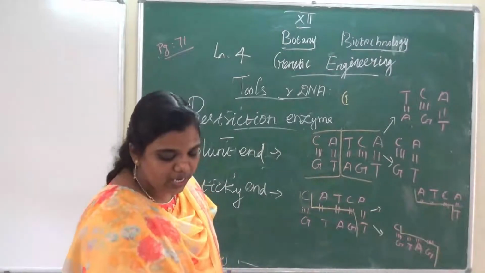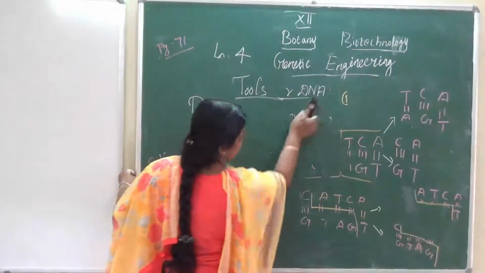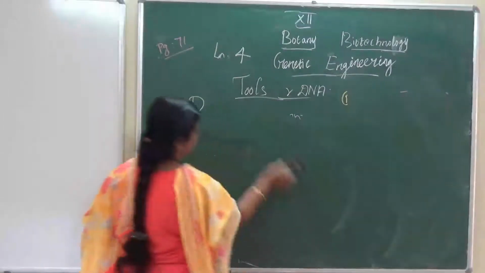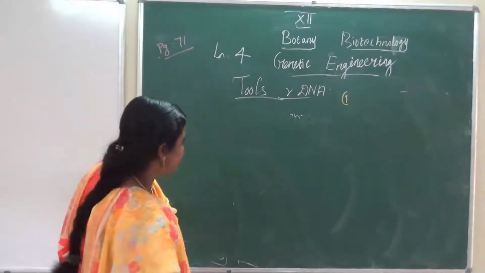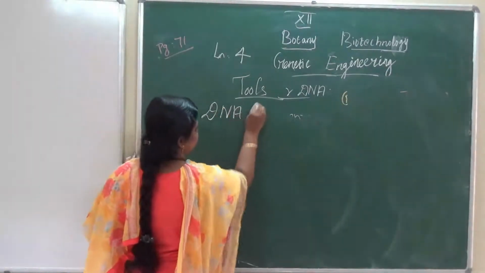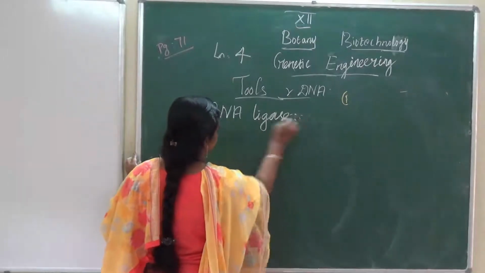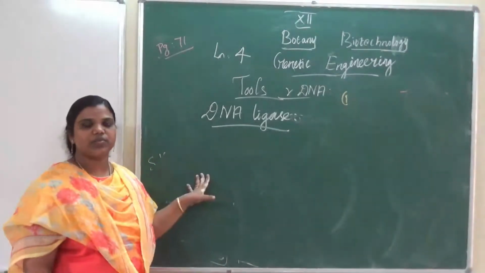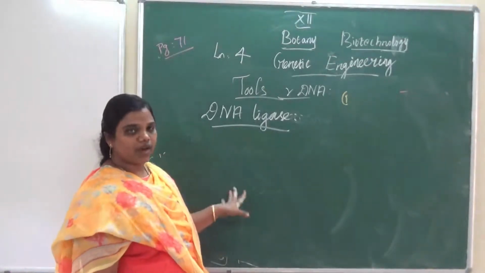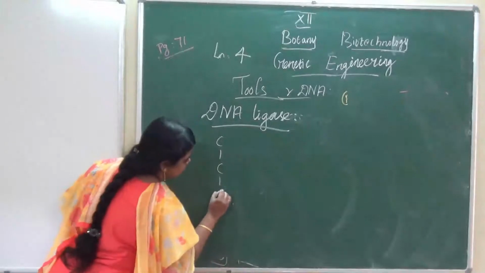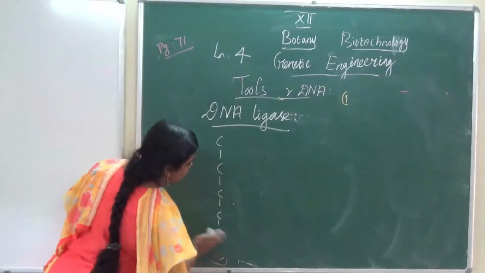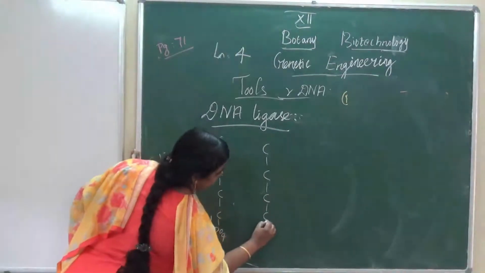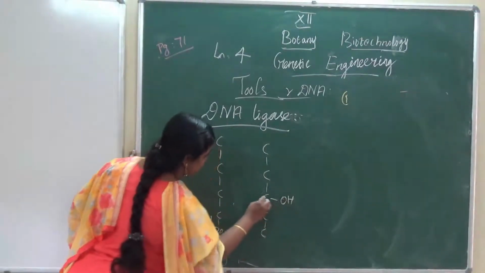And then next one, DNA ligase. This is also very important, a single enzyme that joins the DNA fragments. As I already told, the fifth carbon has a phosphate group, and the third carbon has an OH; this is the bond.